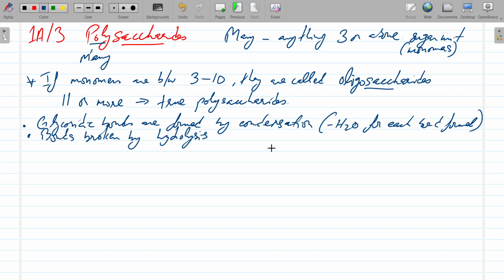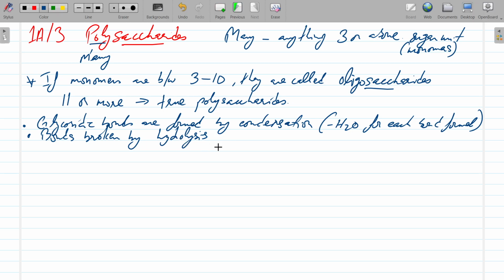In a biological system, this happens by the action of enzymes, in alkaline conditions, so in the mouth or in the intestine. Chemically, it can be done by hydrochloric acid in a laboratory experiment. In your body, it's happening in alkaline conditions mostly.